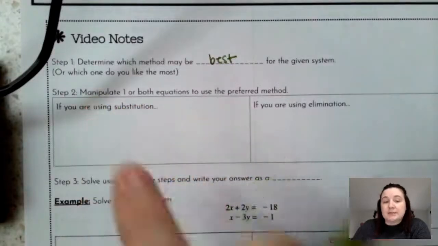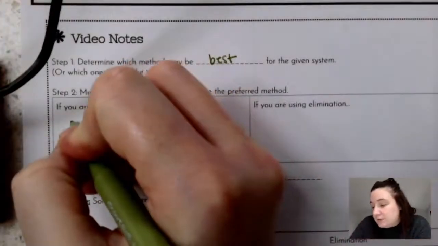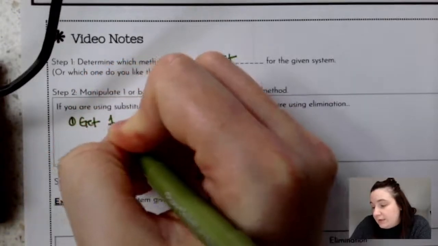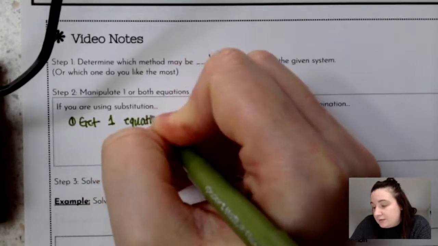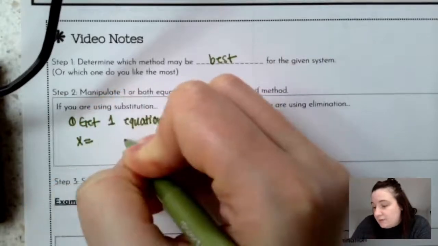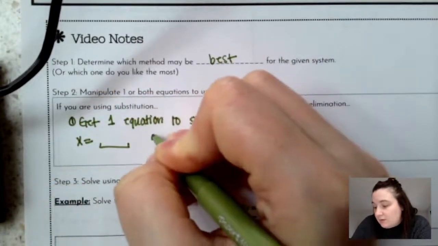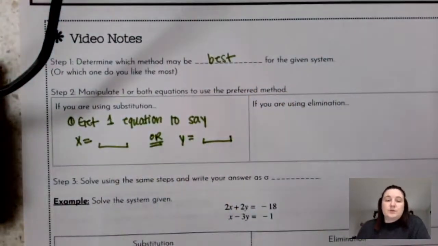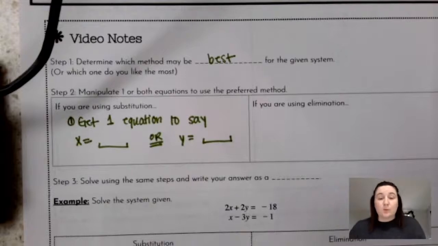We need to make sure it's set up for substitution, so we need to get one equation to say x equals something or y equals something. It doesn't matter which one you do that for. If there's one that looks like it might be easy to make this say y equals, you can do that one.